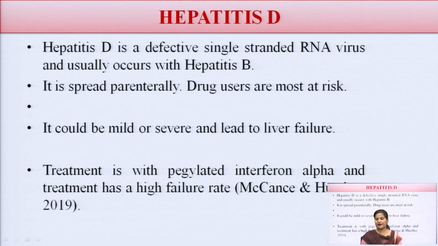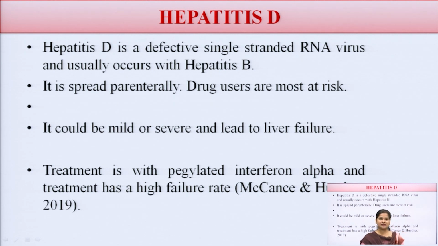Now, next is hepatitis D. It is a defective single strand of RNA and usually occurs with hepatitis B. It resembles hepatitis B, so it can spread parenterally.